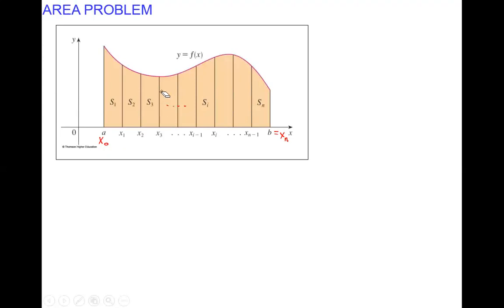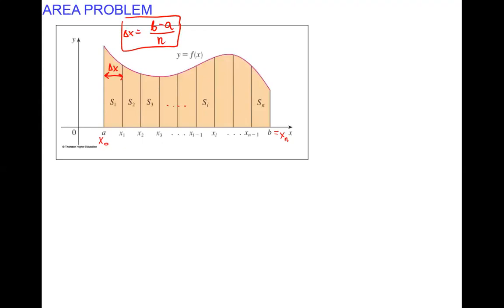Now we have to know how to get the width, which we will call delta x. We know that delta x is simply the entire interval from A to B divided by n. That's important.